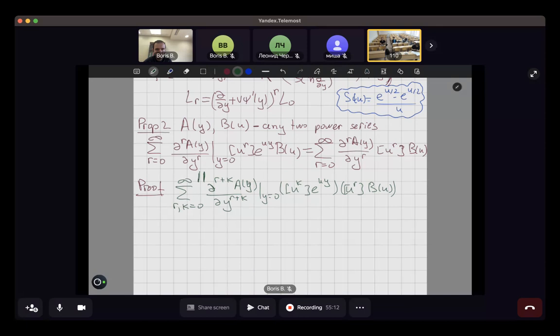На самом деле, тут написана формула Тейлора: k-я производная a в точке y равно нулю, умножить на y в степени k и делить на k факториал. Поэтому эта сумма по k замечательно уходит.